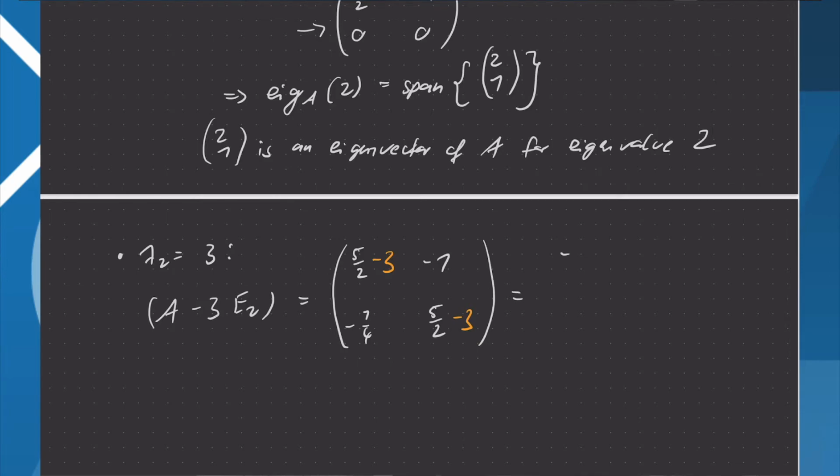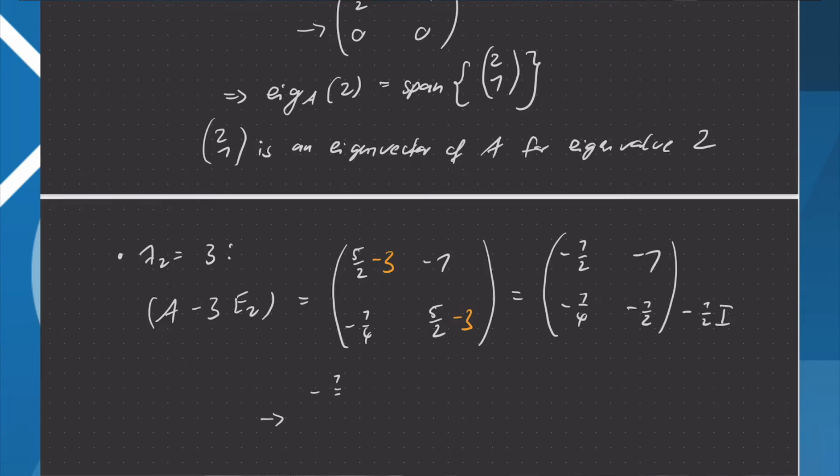And that gives us minus 1/2, minus 1, minus 1/4, and minus 1/2. So this time, to do the Gaussian elimination, we subtract 1/2 of the first row from the second one.